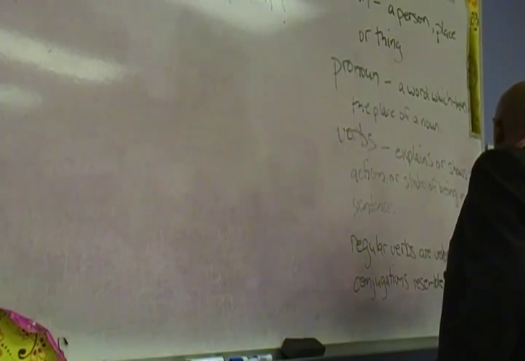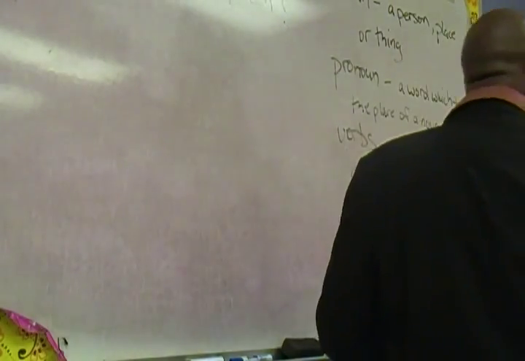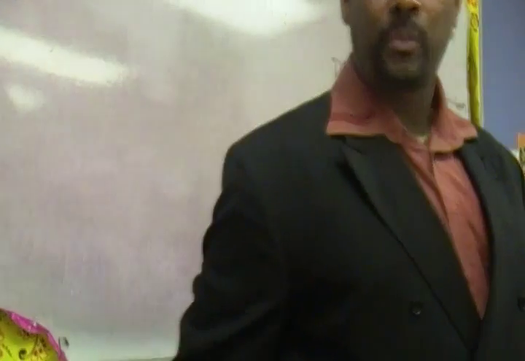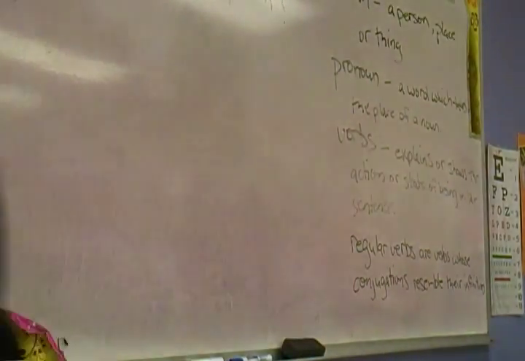Now I want you to just write that down. It's not going to make any sense right now, but write that down. Once you finish writing that down, I'm going to try to make some sense of it.